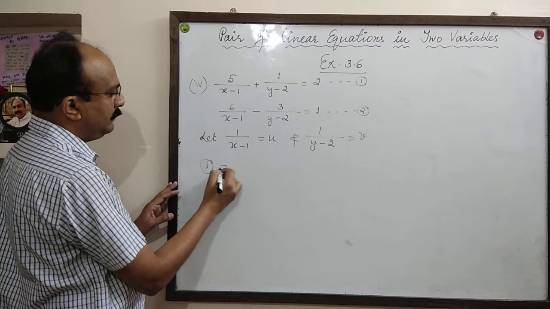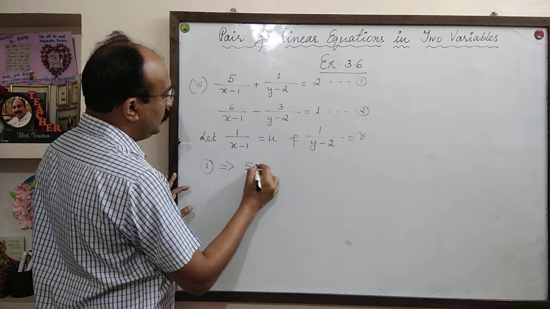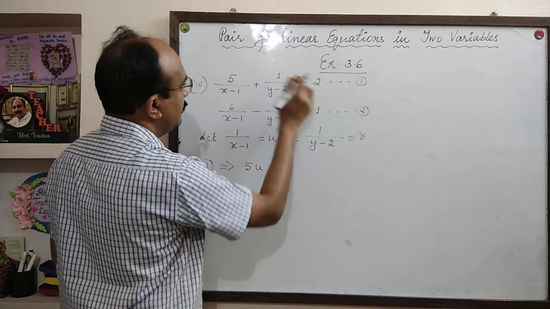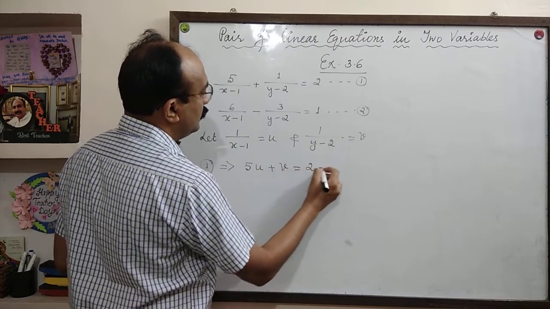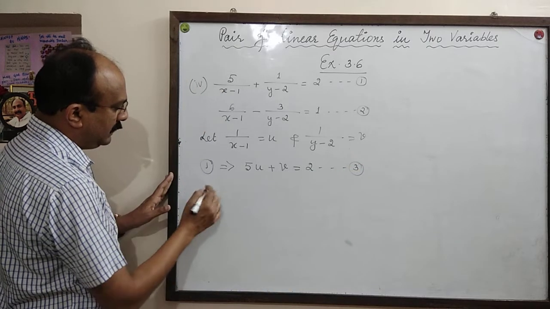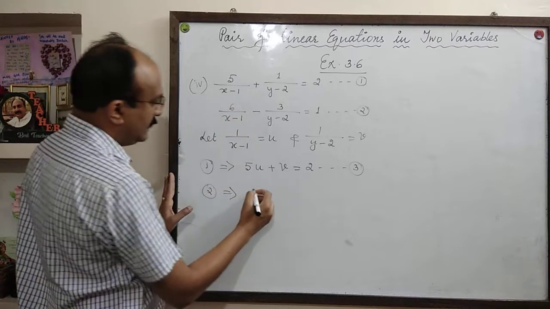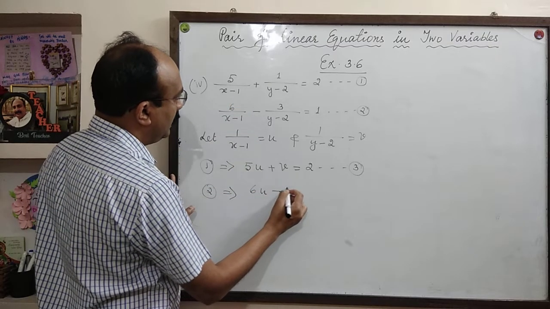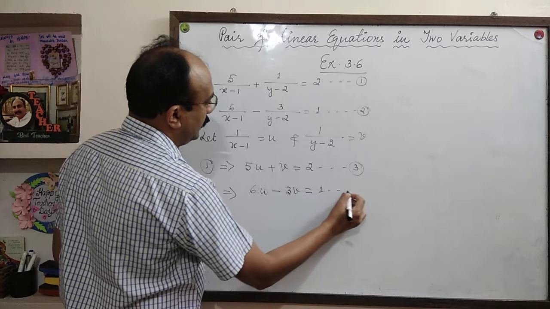So equation 1 becomes 5u plus 1v, or simply v, is equal to 2. This is equation number 3. And equation 2 becomes 6u minus 3v is equal to 1.